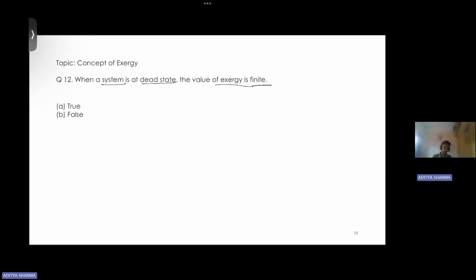So if the question says that exergy is finite, it becomes a false statement. Exergy in that case will be zero.